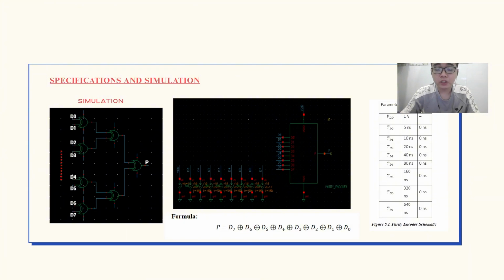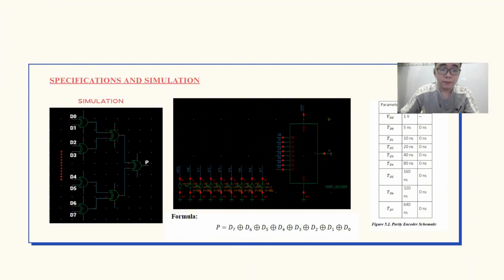The goal of the simulation is to verify the circuit logic, behavior, timing delay, and power consumption under different operating conditions, such as the supply voltage, frequency, and temperature. Let's begin by explaining the signal lines and input-output ports in the parity encoder circuit.